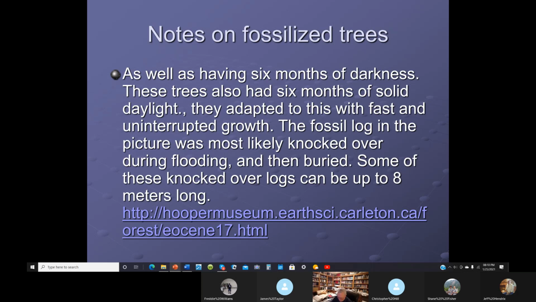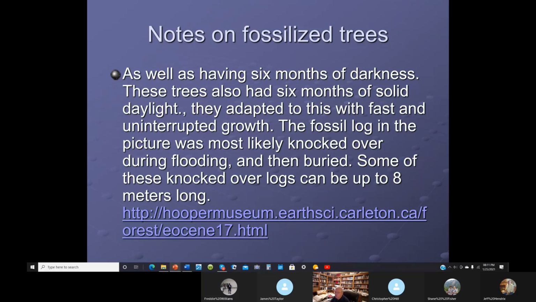So if we take 8 times 3.28, we'll get about 26 and a quarter feet roughly. The logs are that long. Okay, that's still fairly tall.